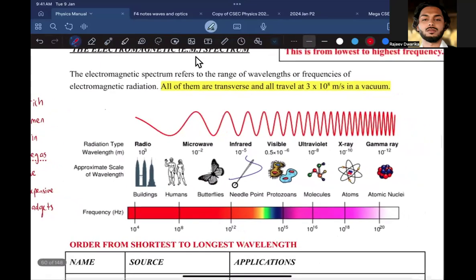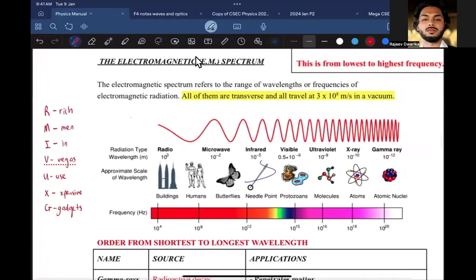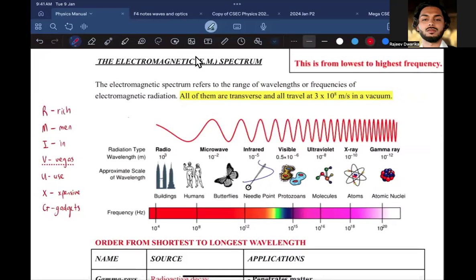Take a screenshot of this and send it on the chat. How I like to learn it is rich men in Vegas use expensive gadgets. R is radio, M is micro, I is infrared, V is visible, U is ultraviolet, X is X-ray, and G is gamma.